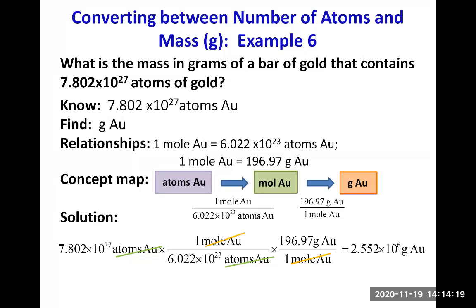In the calculator, you do 7.802 times 10 to the 27, multiplied by 196.97 and divided by 6.022 times 10 to the 23rd.